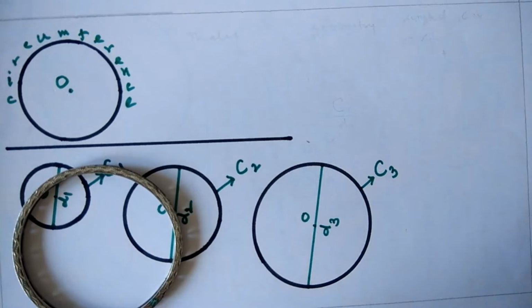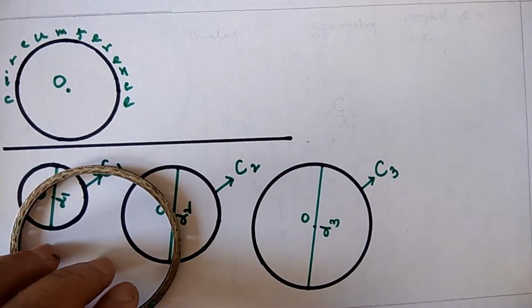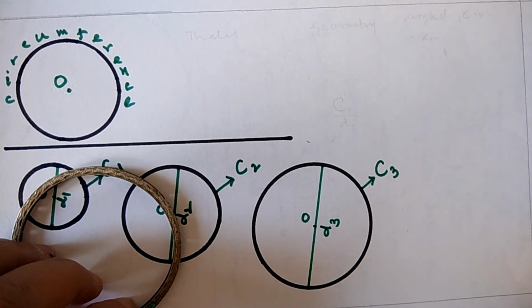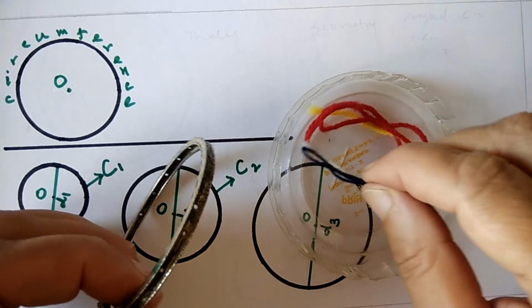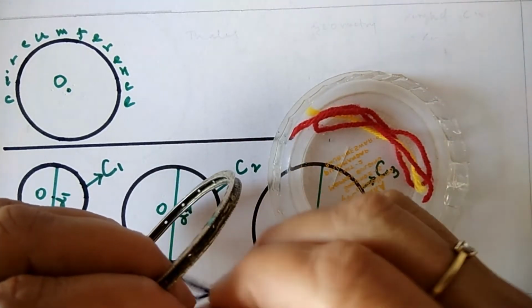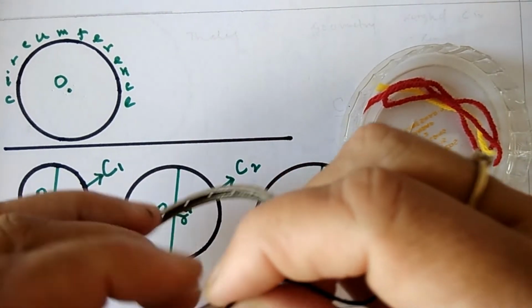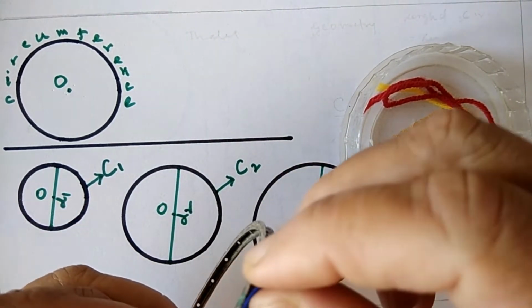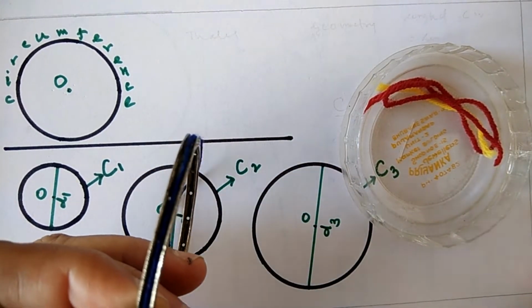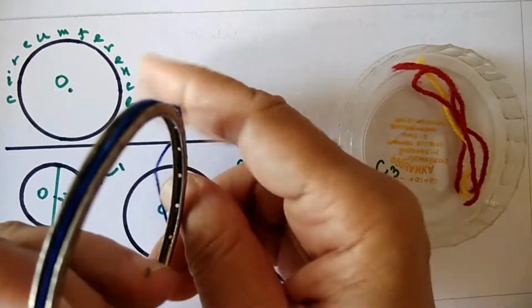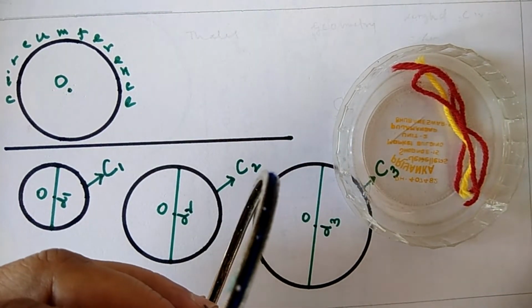But in a practical way, how can we measure the length of circumference of a circle? Here is a circular object, one bangle. Now friends, I have taken one thread, I press it with my finger, I wrap it around the periphery of the bangle, and the two ends meet at a point and we get the circumference of the bangle.